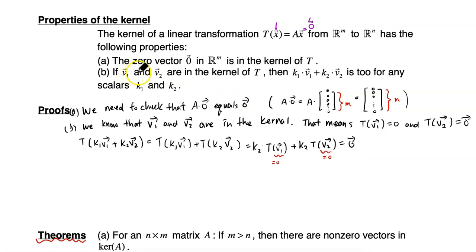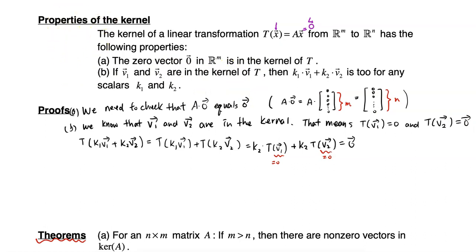Secondly, if we know that v1 and v2 are in the kernel, then k1v1 plus k2v2 is also in the kernel. So linear combinations of v1 and v2, or the entire span of v1 and v2, is going to automatically be in the kernel. How do we show that? We know that T of v1 is 0 because that's given, it's in the kernel. We know that T of v2 is 0 because that's the definition of v2 being in the kernel.